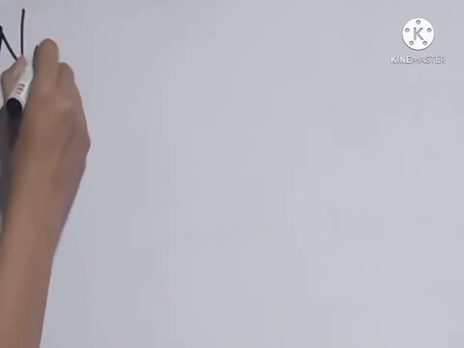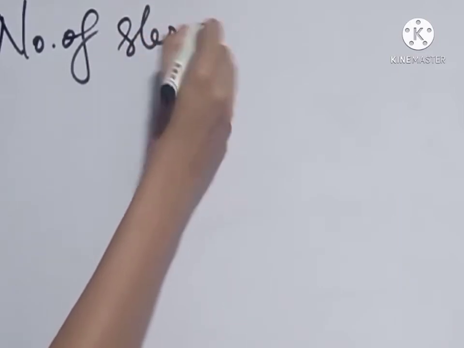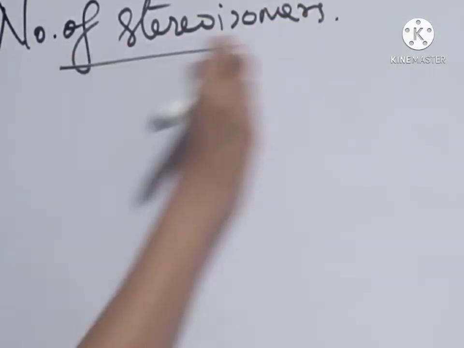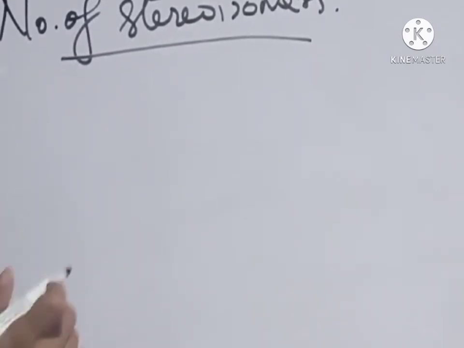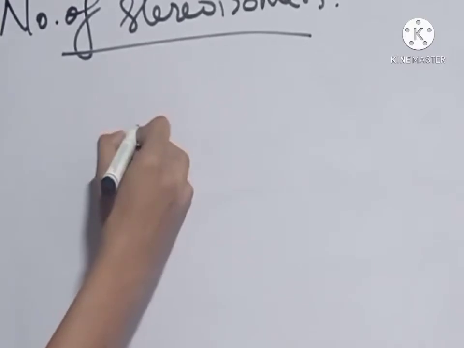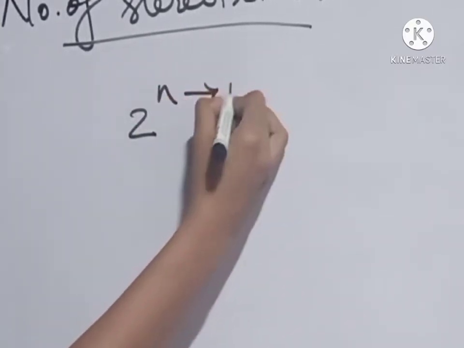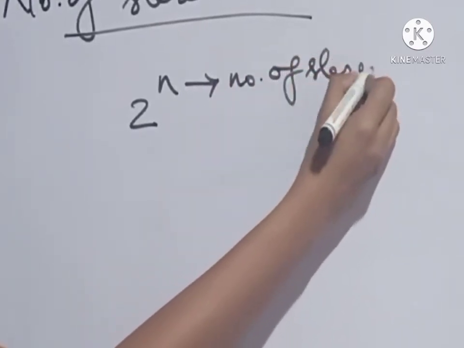How can we find out the number of stereoisomers in a particular organic compound? The number of stereoisomers can be found out by using a formula that is 2 raised to n, where n is the number of stereogenic centers.